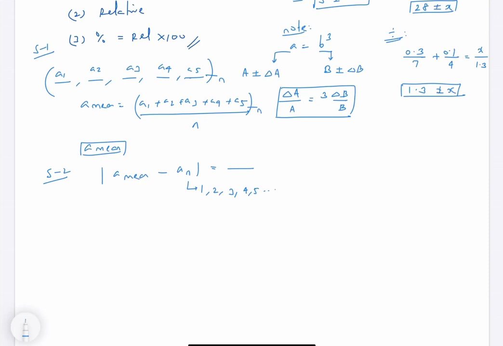Let's say you put n equals 1, so A mean minus A1. Take the mod of it, which means that even if it's a negative value, write it as positive. So you usually get the numbers after the decimal, that 0 point something, with the decimal places.